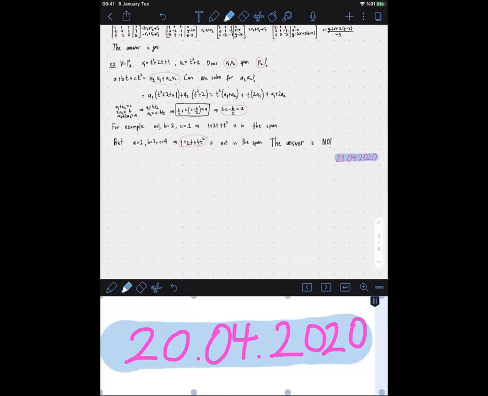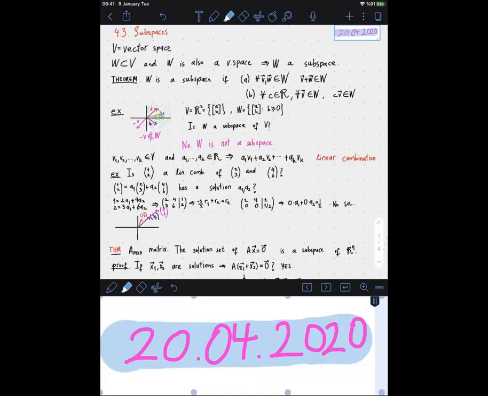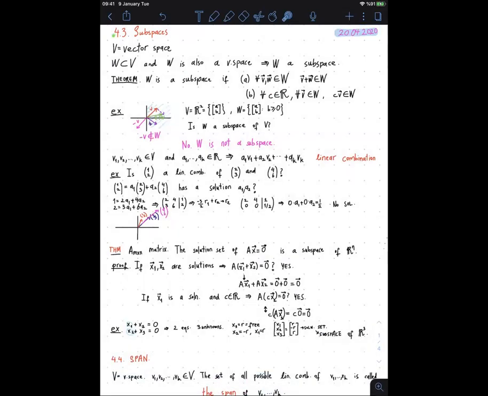Okay, let me show you what we were doing last time. We defined something called a subspace, and we defined something called a linear combination. So what is a linear combination? Capital V stands for the vector space.